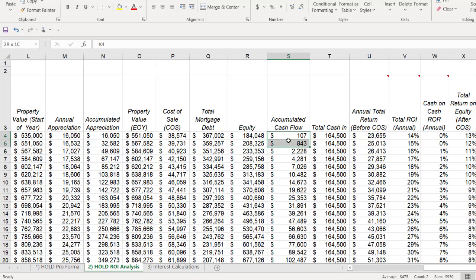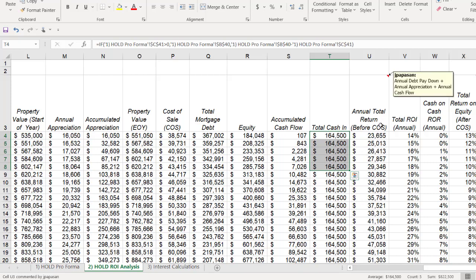And then over time, the rents rise, and so you can see that the accumulated cash flow starts to build up over time. Your initial investment here, $164,500. That was the down payment plus the make-ready expenses. There's probably some closing costs that you're going to have to factor in there as well, so that number might be a little low. Annual total return.